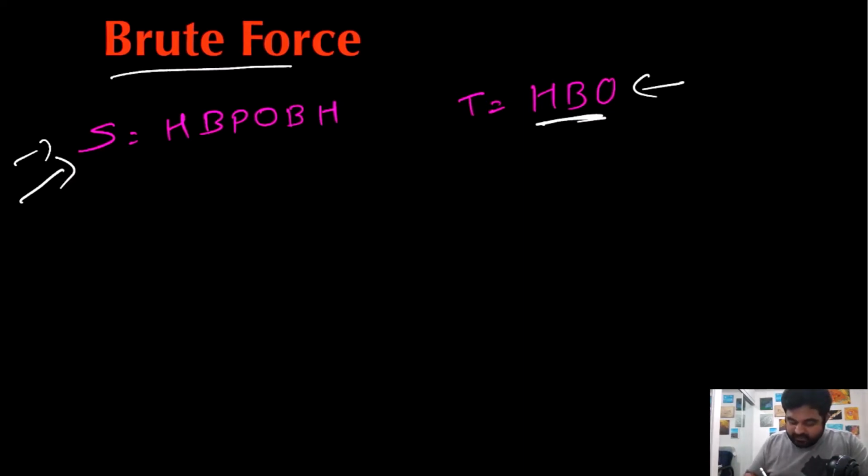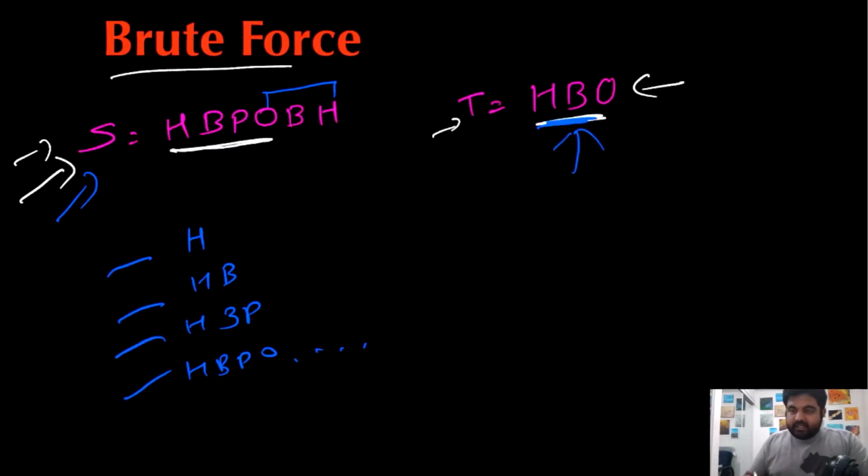Now we can clearly see that there is one substring, HBPO, which contains all of the elements present in T, but the smallest substring we need is actually OBH, which contains all the elements of T and has the smallest length. The brute force way to solve this problem is to start creating every single possible substring out of the given string S. We will check that this can be a potential answer, put it as a potential answer, and mark its length.